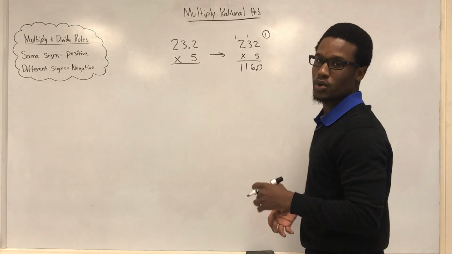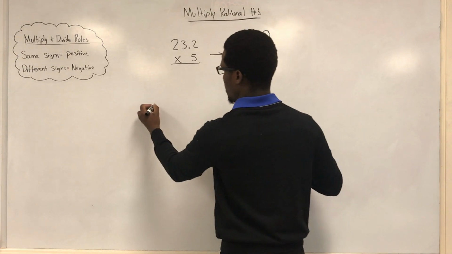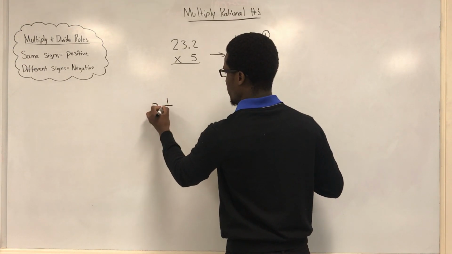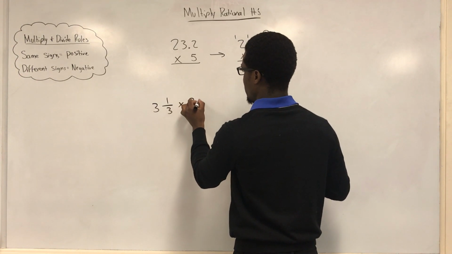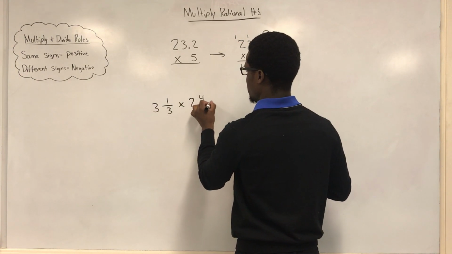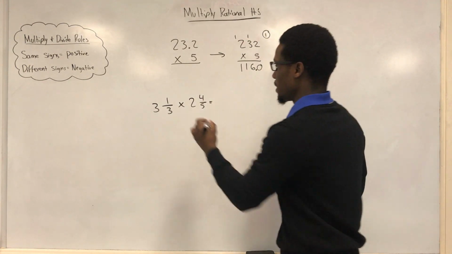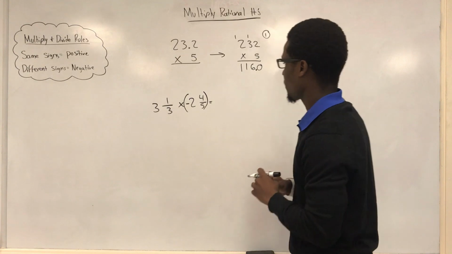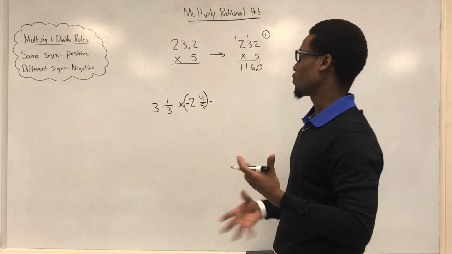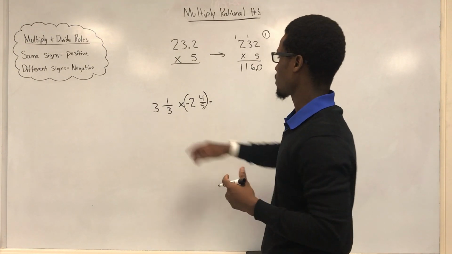Okay? Now, let's go ahead and try another fraction problem. So 3 1/3 multiplied by, let's say, 2 4/5. Okay, so let's give this one a negative. Let's give this a negative, okay? So the first thing I want to do is, of course, rewrite it as an improper fraction.